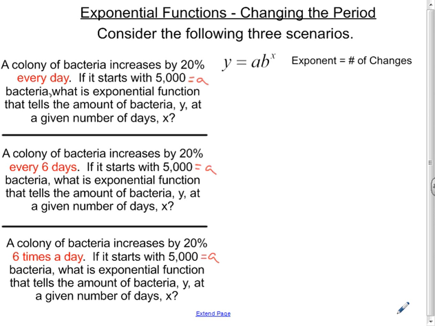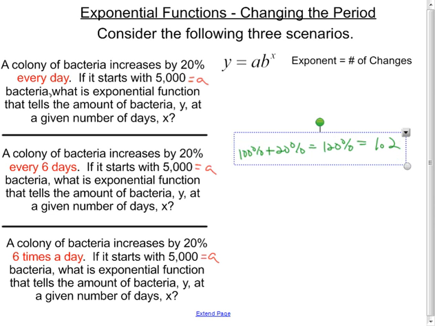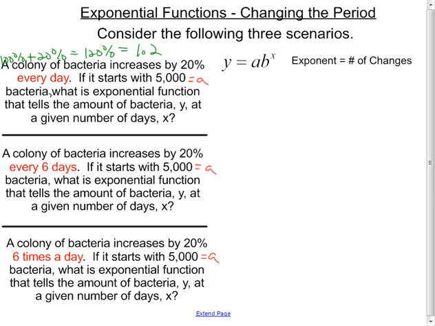And then in all 3 of these problems, we see that there's a 20% increase, which means we get 100% plus 20% equals 120%, making the multiplier in decimal form 1.2. So we know that 1.2 is going to be equal to our b value.